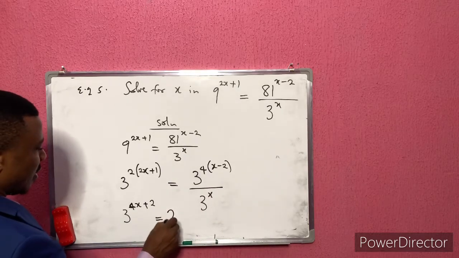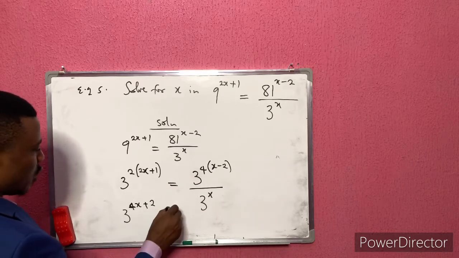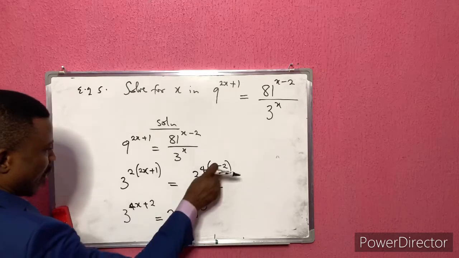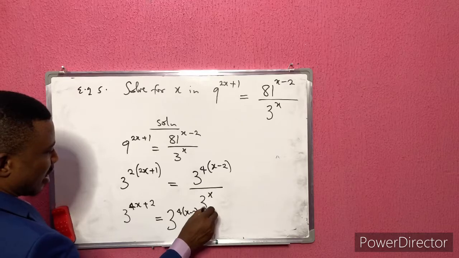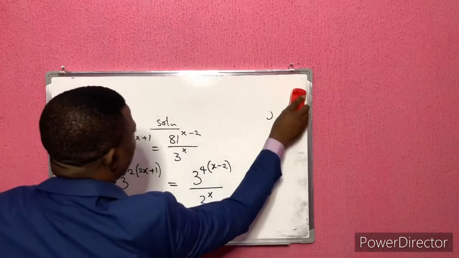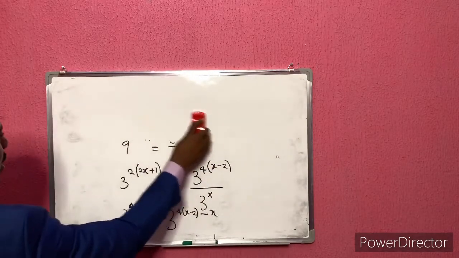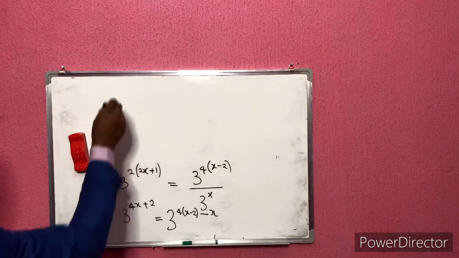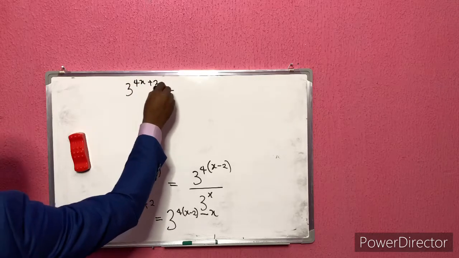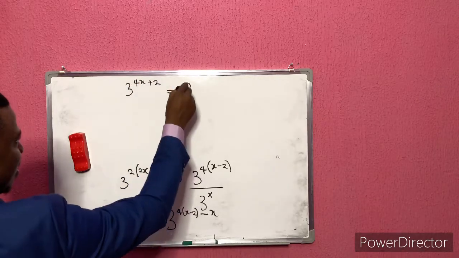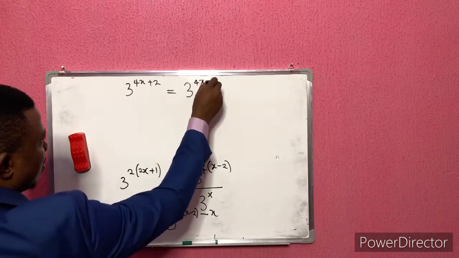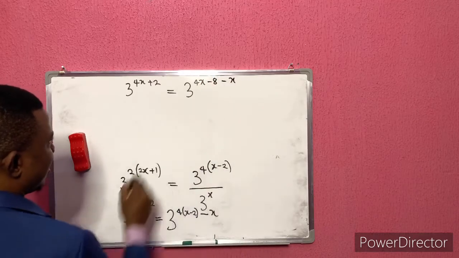Since they have the same base, take the first power x minus 2, and subtract the next power. So this will give us 3 raised to the power 4x plus 2 equals, open bracket, 4 times x minus 2 is 4x minus 8, then minus x.